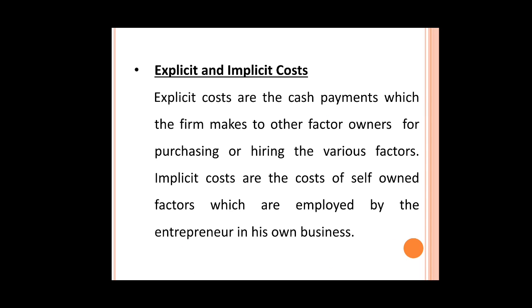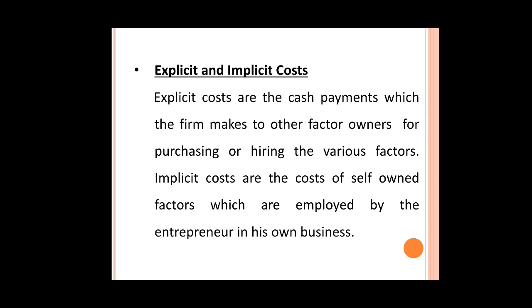For example, a firm has to pay wages to the labor he has employed. He has to pay interest on the capital that he has borrowed and rent of land or factory. These are called explicit costs. Explicit costs are also known as paid out costs.